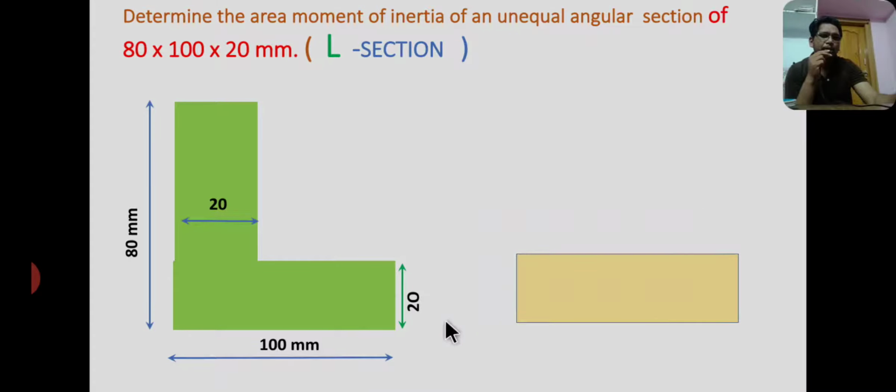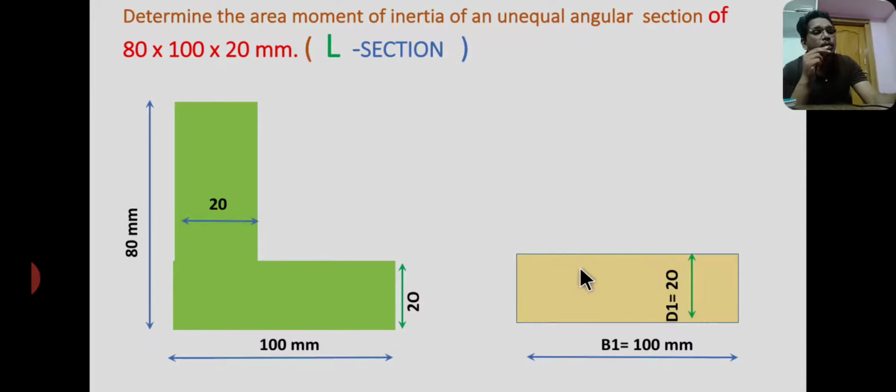I am taking the bottom rectangle as section 1 having base equal to 100 mm. That means this I consider as section 1. Therefore base b1 equal to 100 mm, and height d1 equal to 20 mm. Now I consider the vertical rectangle as section 2.